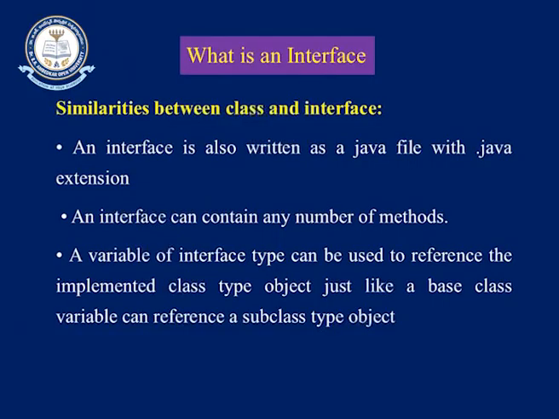See here, there are some similarities between a class and an interface. Like a class, we can give the .java extension to an interface file also. An interface can contain a number of methods, and we can create references and implement class type objects using interfaces.